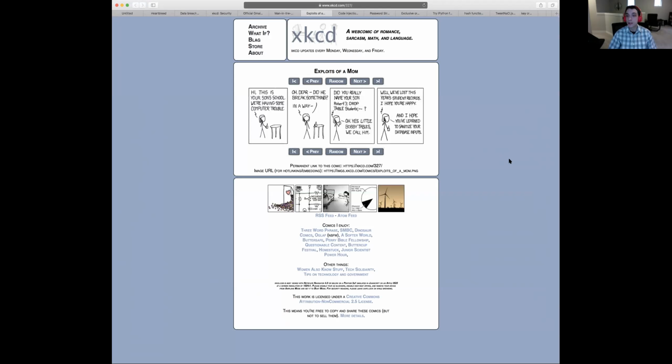Related to injection are buffer overflows. I won't go into too much detail there, but remember when you were writing C code and you probably had more than a few headaches dealing with segmentation faults and freeing memory or not freeing memory or reading or writing memory in the wrong place.